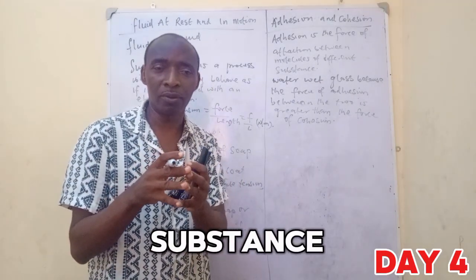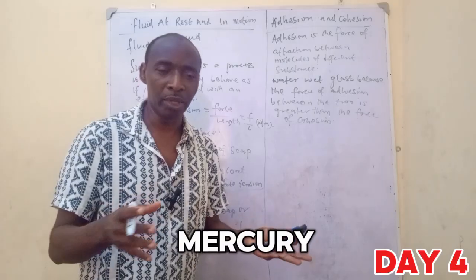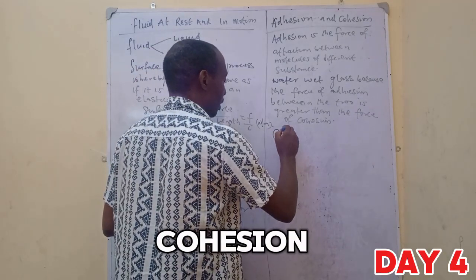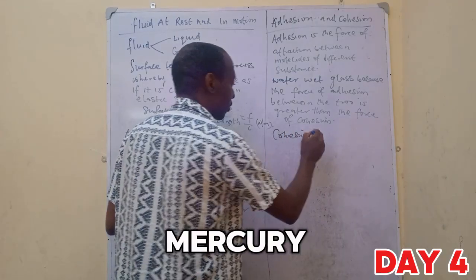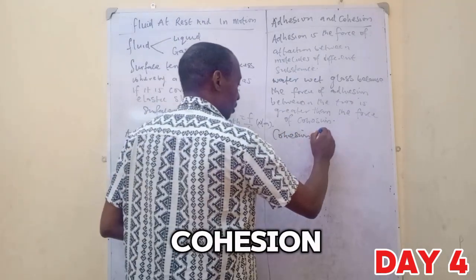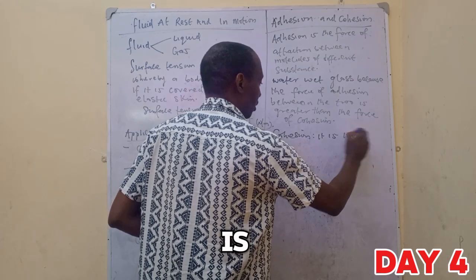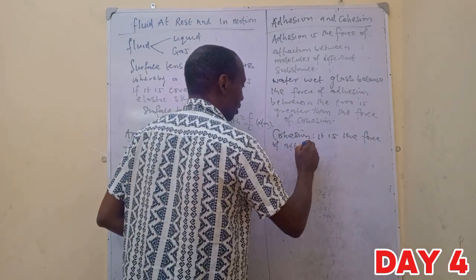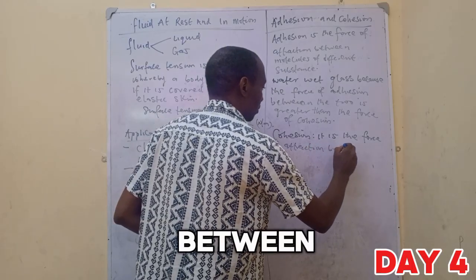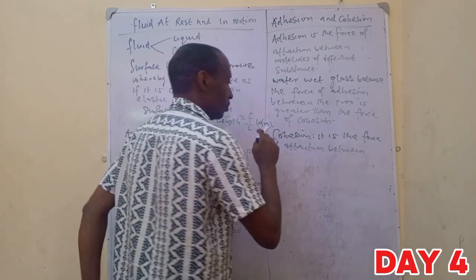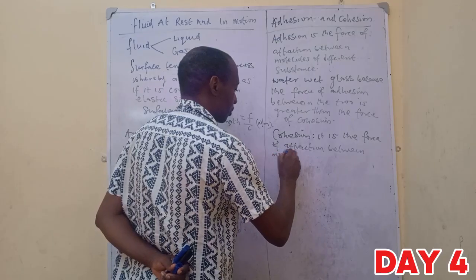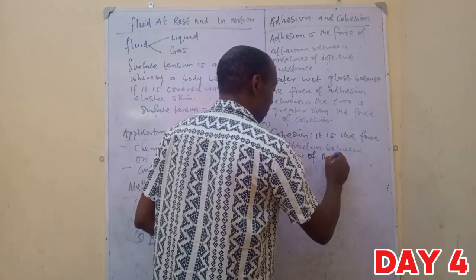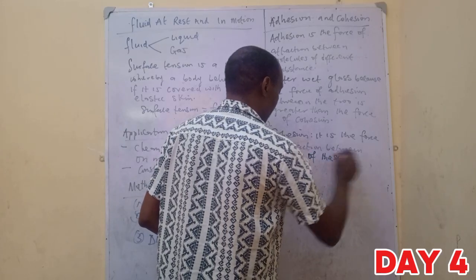Let's look at another situation, a substance like mercury. Mercury does not wet glass. Let's look at cohesion in terms of mercury. Cohesion is the force of attraction between molecules of the same substance.